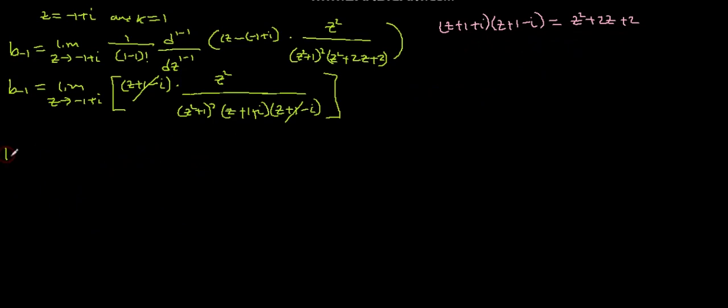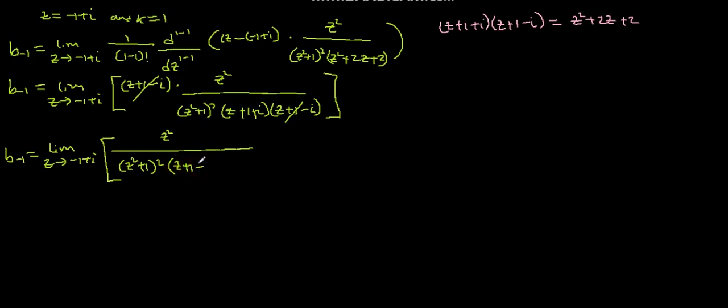So this will become b minus 1, the limit as z tends to minus 1 plus i, of z squared divided by z squared plus 1 all squared, into z plus 1 plus i.